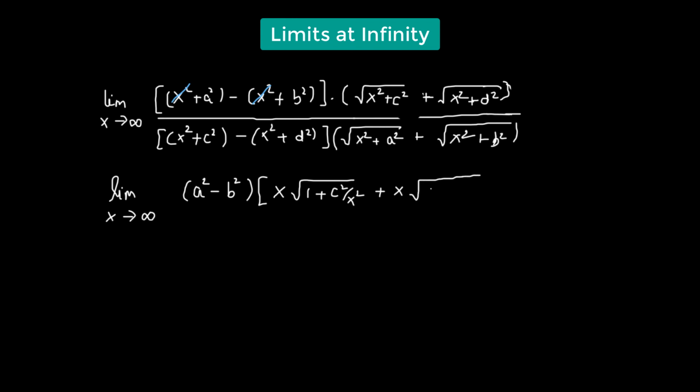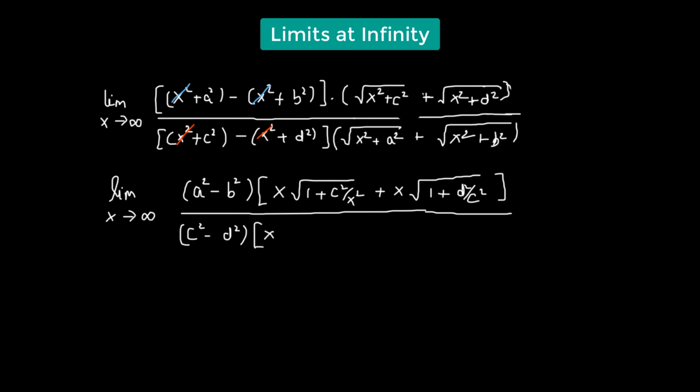So that will leave us with 1 plus d squared over x squared, divided by, so we have positive x squared cancelling negative x squared, leaving us with c squared minus d squared times x, taking x as the common factor.